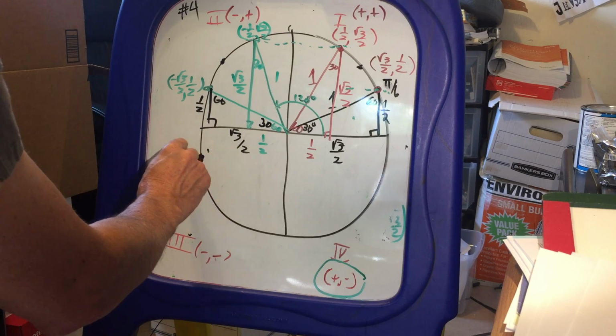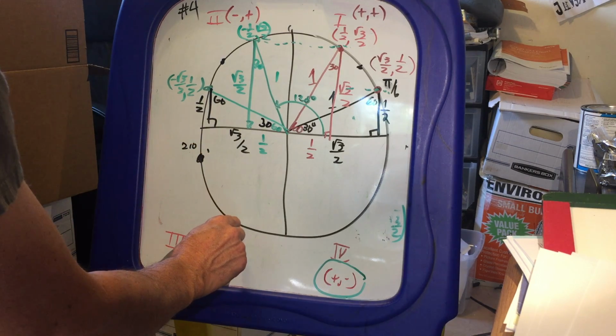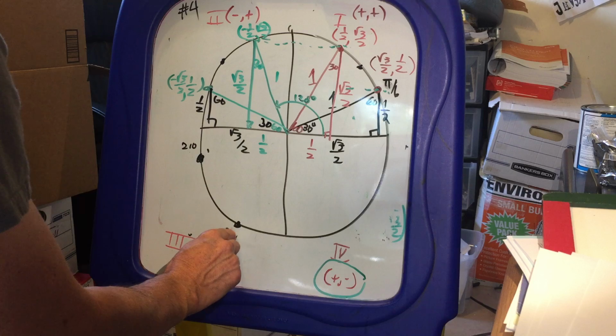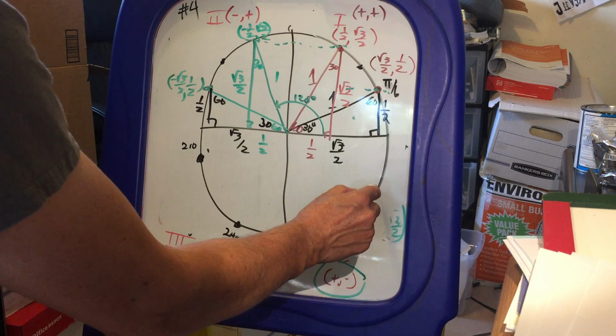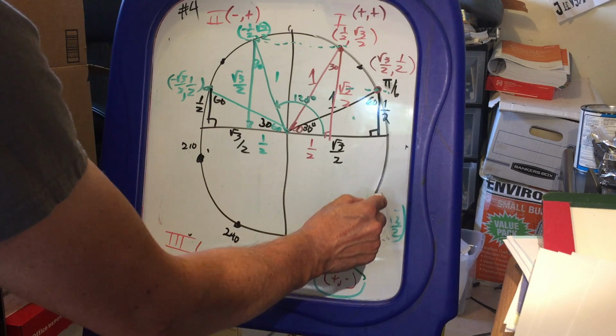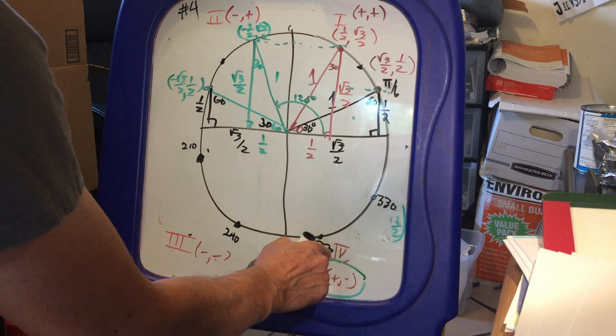That's 210. Think about this one. That's 240. Think about this one. That's 330. And this one, whoops, that's not 330. This is 330. This is 300.